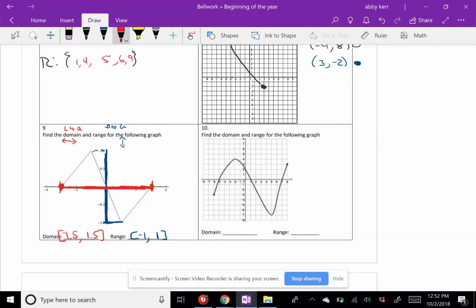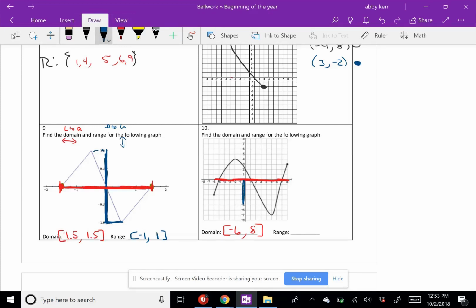Now for the same thing that we did for number 9, you do for number 10. How far left does this graph go? It doesn't just go to -5, it goes to -6. How far right does it go? Doesn't stop at 7, it actually stops at 8. So -6, bracket because it's a closed dot, 8 because it's a closed dot.